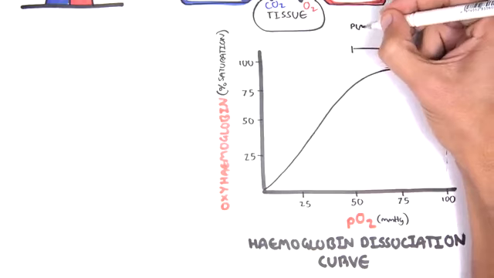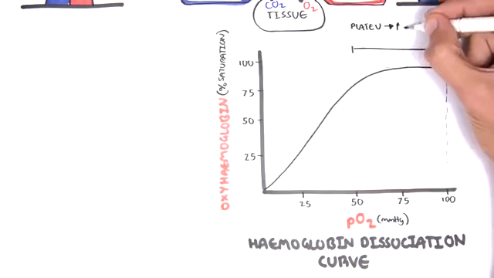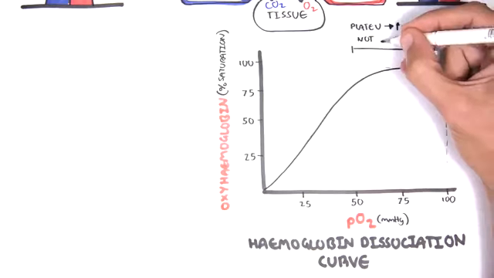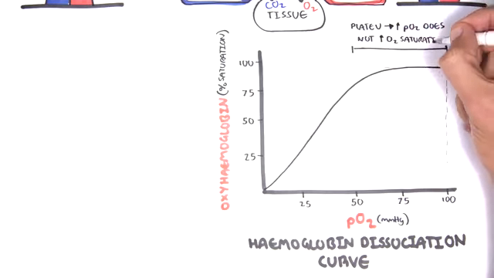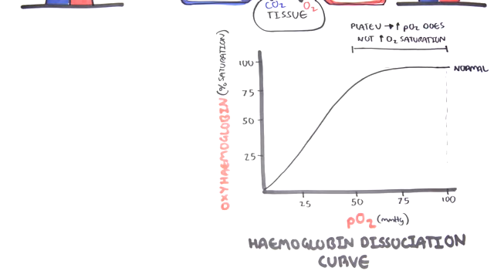The plateau signifies that high partial pressure of oxygen does not cause large changes in oxygen saturation of hemoglobin. So at the plateau, you can see that the partial pressure of oxygen of 100 already has an oxygen saturation of 98%. So there's not much change.